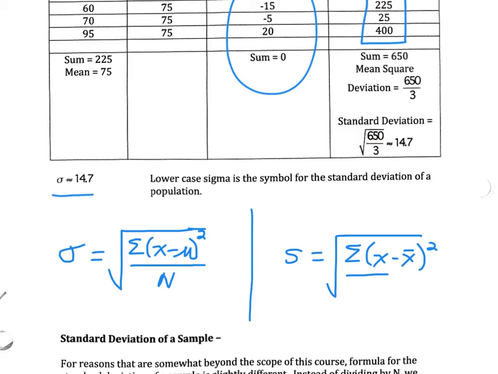But this time we're going to divide by lowercase n, because it's a sample. But we're going to subtract 1. And you'll see on the next page that we don't really need to worry about why we're subtracting 1, but suffice it to say that if we did not subtract 1 with a sample, it would be an underestimate of the true standard deviation of the sample.